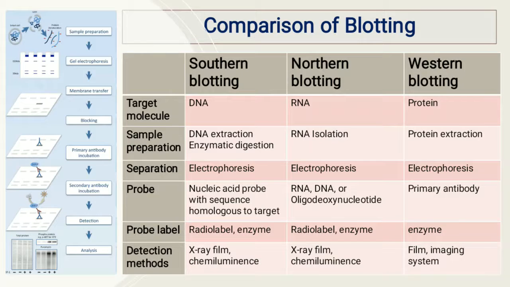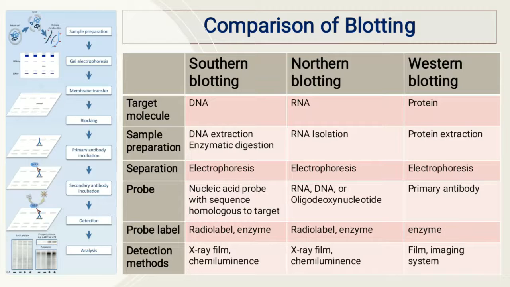Next, probe label. The probe is mainly radio labeled, or in Southern blotting it can be an enzyme. If our probe is of enzymatic nature, then we will apply a substrate, and the enzyme will convert it into a product that might produce luminescence.